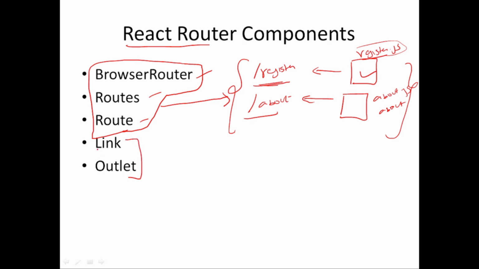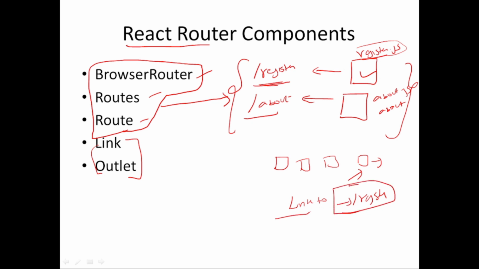What is the use of Link and Outlet? I have menu items shown on my page. When I click on these menu items, I'll be referring to a URL pattern. I'll be calling a URL pattern using Link to. Say Link to register. That means I want this specific URL. I'm just linking to this URL.